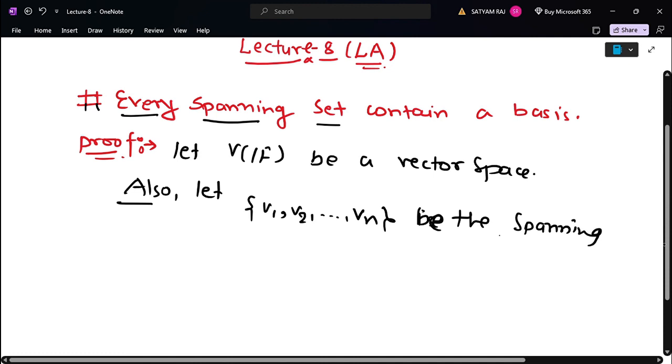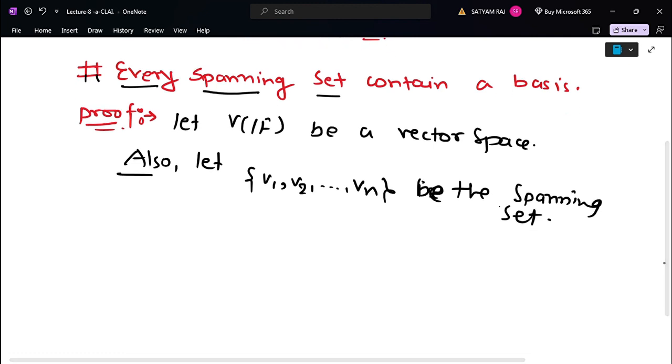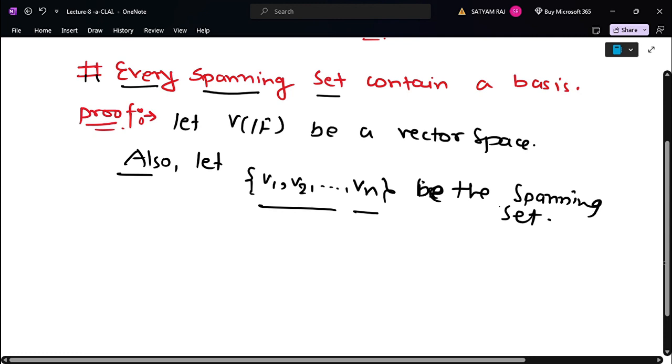Okay, a spanning set means it spans the whole vector space. Now we will find a subset which is spanning and also linearly independent, which means that it will be the basis of the vector space. We will do it step by step.